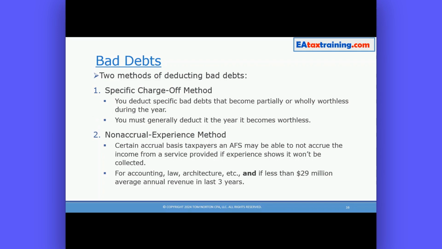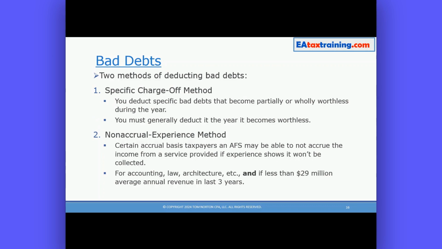There is something called the non-accrual experience method. You're just going to want to know that it exists. You don't have to know all the ins and outs. This is for certain accrual basis taxpayers, and only for those in the service industries: accounting, law, architecture, etc. They have to be smaller than that $29 million average annual revenue figure that we've seen several times, and they have to have an applicable financial statement.